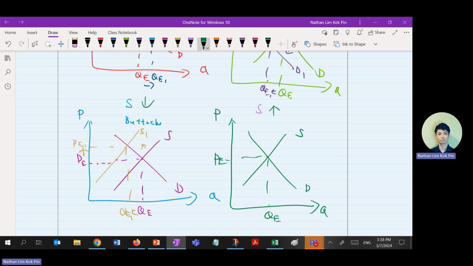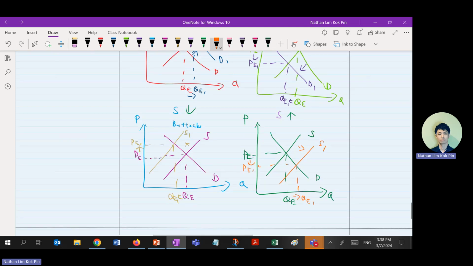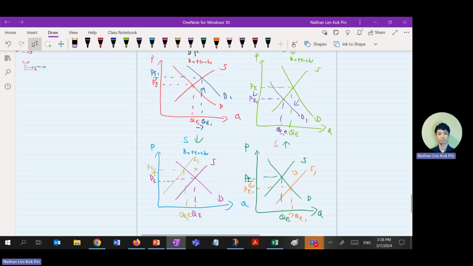Supply increase. Why? Cost of production decreases. So supply will increase, and this will lead to PE decreasing to PE1 and QE increasing to QE1, like that, right? This one will be around 20% of your exam, right?